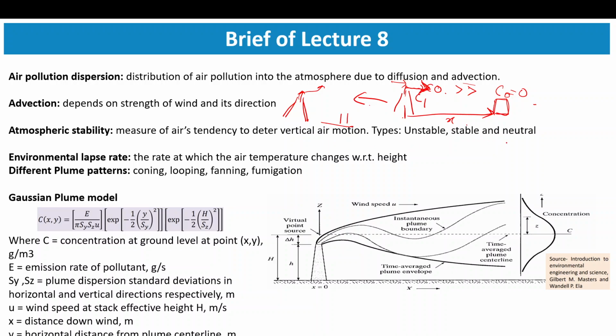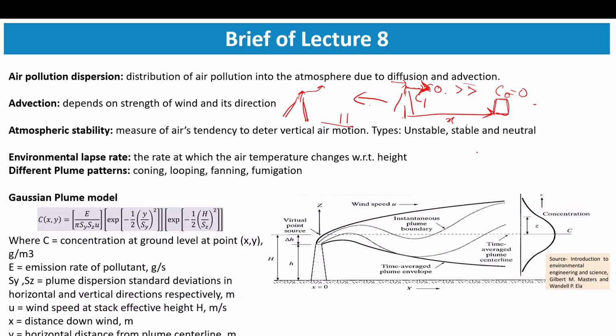Unstable, stable, and neutral are three different stabilities of the atmosphere. In the unstable case there will be a lot of vertical motion, stable will not promote vertical motion, and neutral means it neither promotes nor demotes the upward motion.